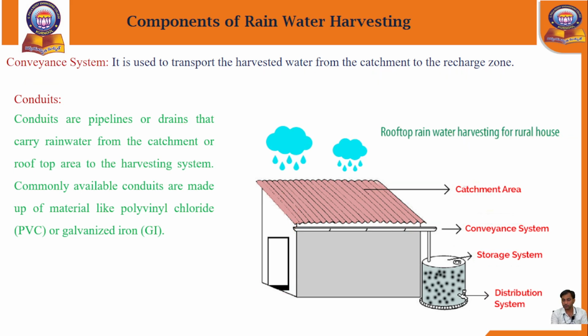For this rooftop catchment area, we provide horizontal drains and then pipes, so that rainwater is easily stored in the storage tanks. Or if we want to provide a sump, we can transfer the water directly by the pipes.